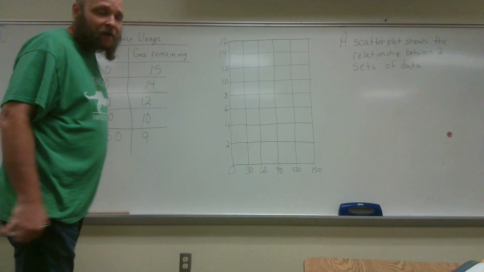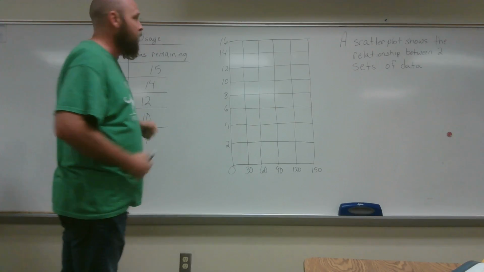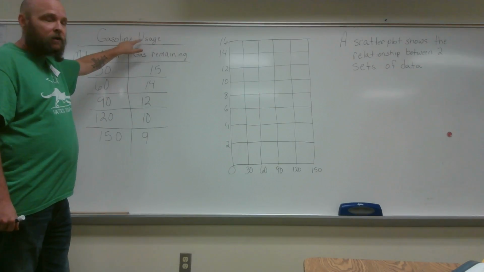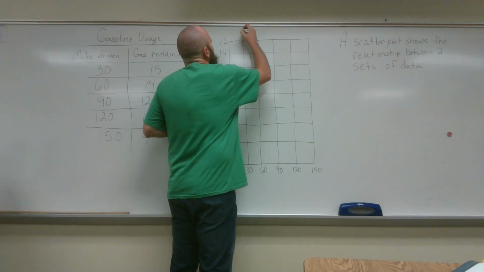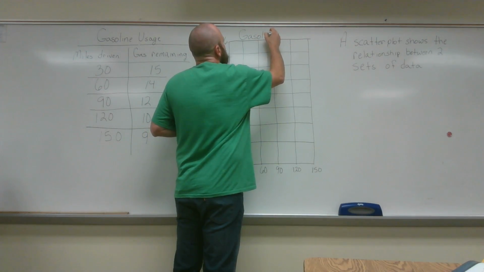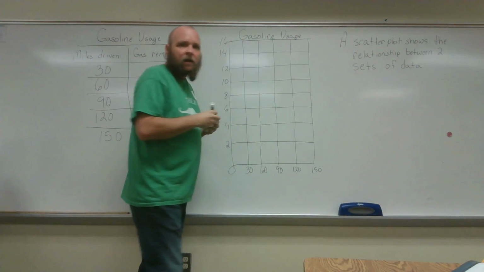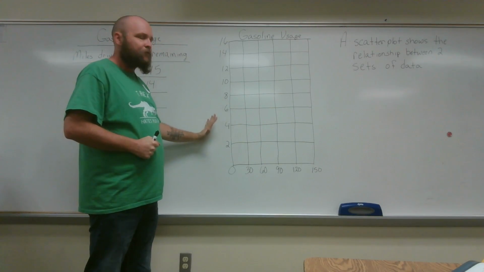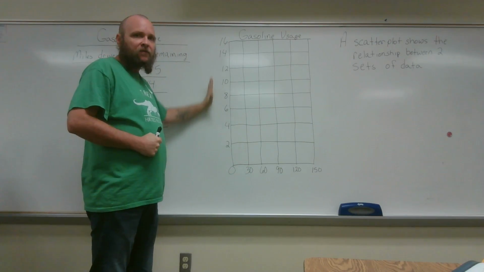All right, so we're going to graph these on this scatter plot. But first, the scatter plot's got to have a name. Since we're taking it from this same table, and we're putting the same information on this graph, we're going to call this gasoline usage. And also we have to have titles for what the information on each axis is. So what information is along this axis?